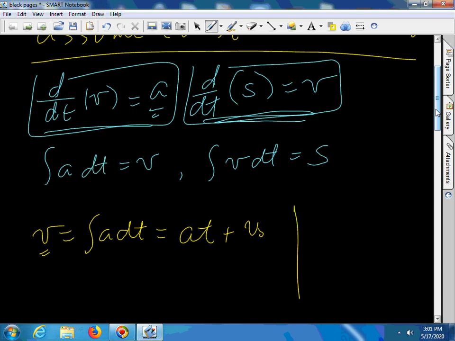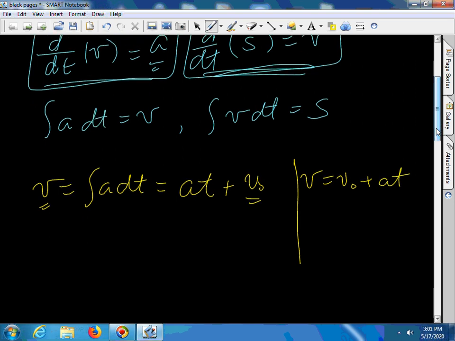That is, we have that v is equal to v0 plus at. That's one formula.